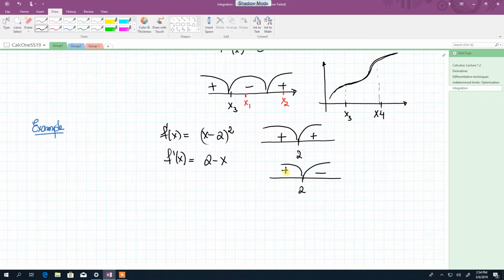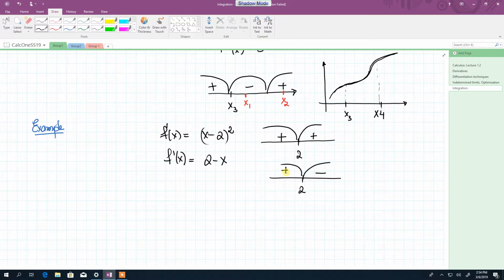Take any number from here, for example, 3. Put it into this function, it becomes minus 1, so for all the numbers more than 2, it is minus. Take one number from here, for example, 1. Put it here, this will be 2 minus 1, which is 1. So for all the numbers below the 2, f prime of x will be positive, okay?